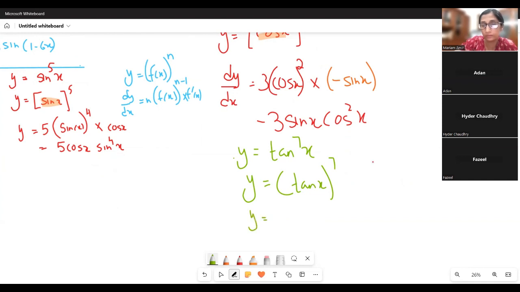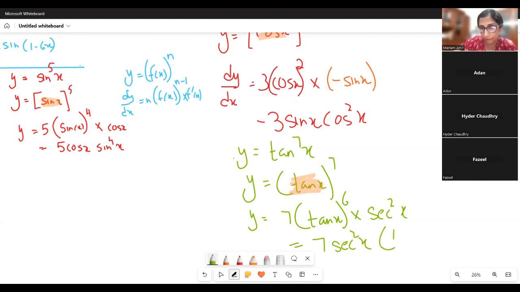So it's going to be 7 bracket tan x power 6 times the derivative of this, and the derivative of tan x is secant square x. So it's going to be 7 secant square x bracket tan x power 6. Yeah, it's better to write tan power 6x.